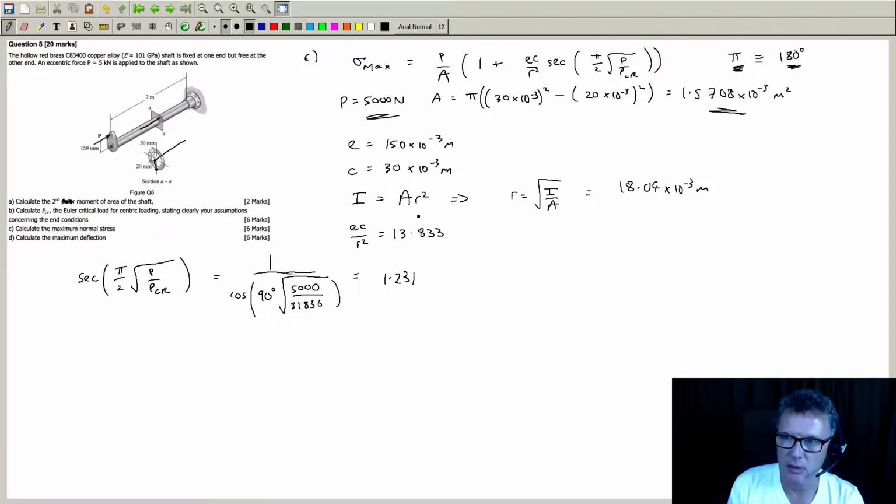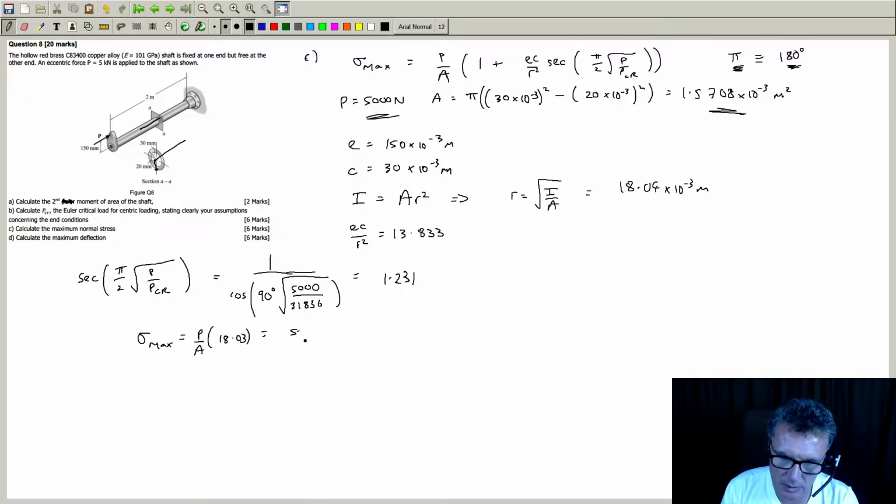So this then works out, when I put in that number there, that your maximum stress is going to be P over A times by, and it works out to be 18.03.